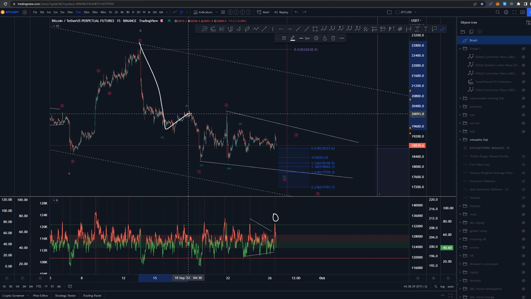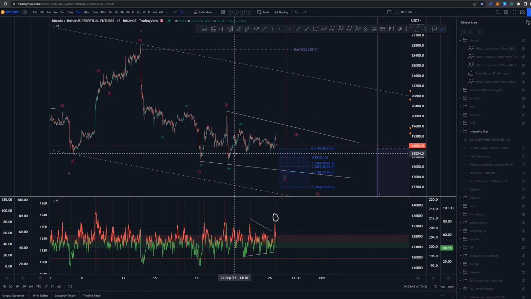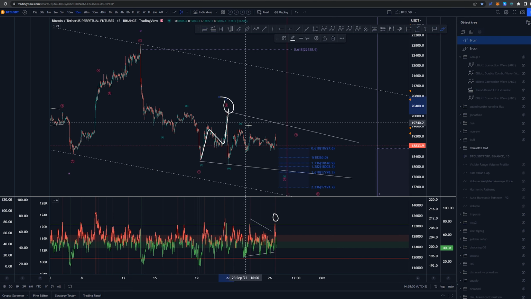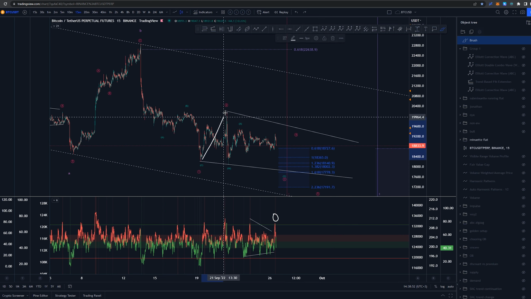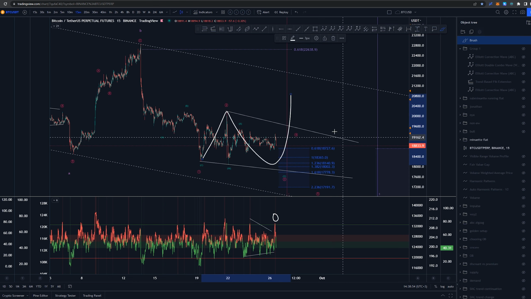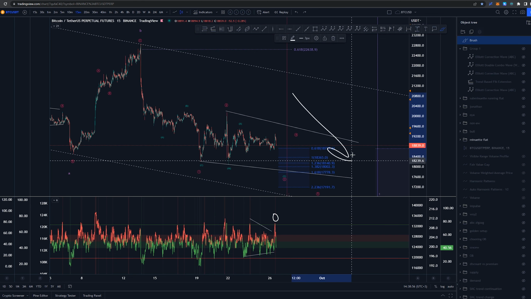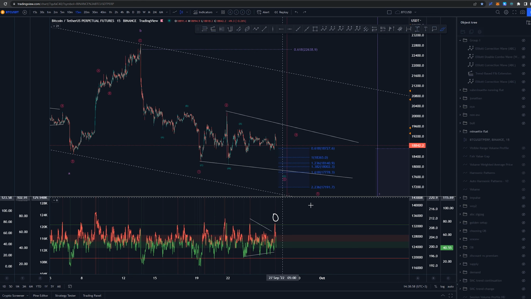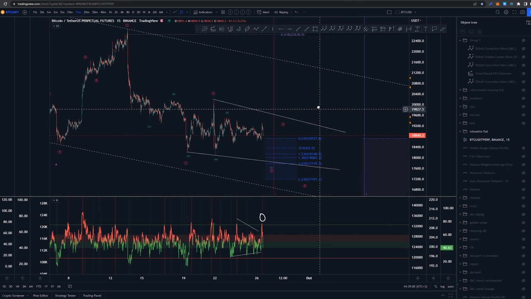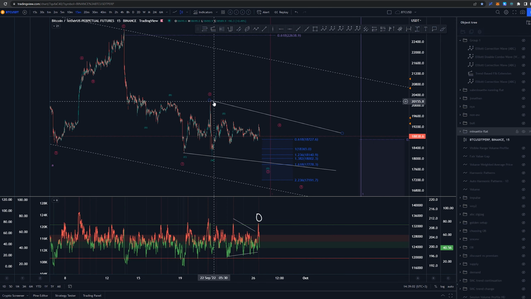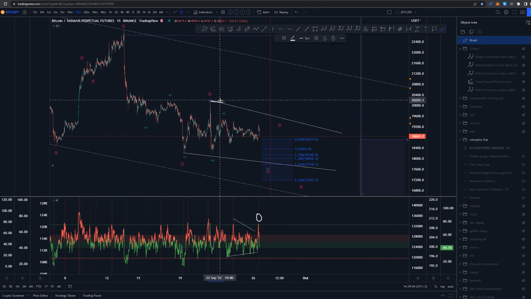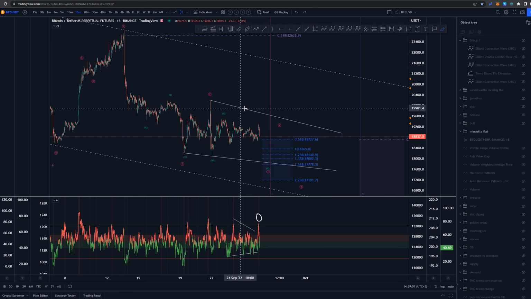Again, as we had this as a three-wave structure, the only way we can fit a five-wave structure overall is that this would be a wave 1 of a diagonal. Then we would have this as a possible wave 2. Of course, it is possible to create a larger wave 2 here as well, and only then pivot downwards for a continuation of this diagonal.